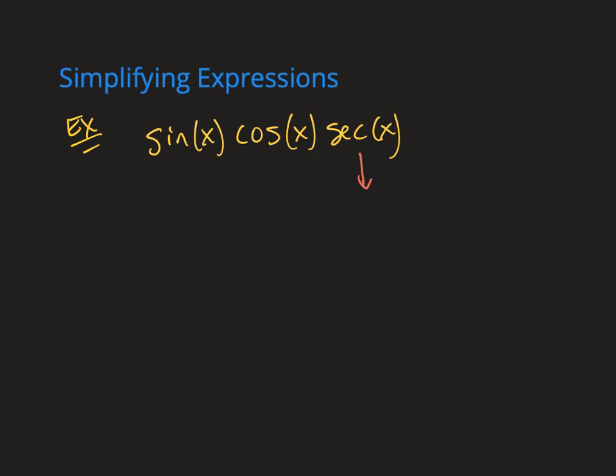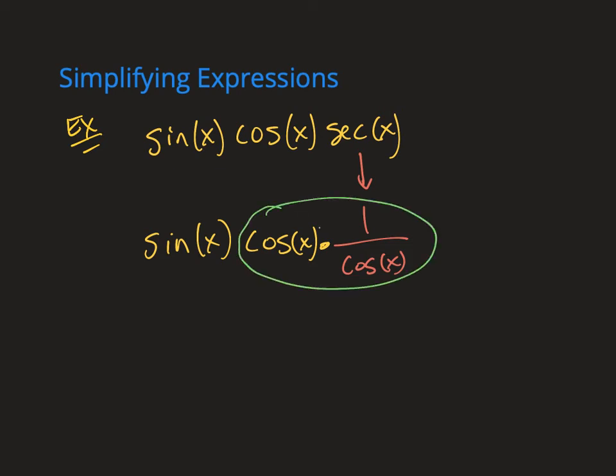So remember, the secant of x can also be written as 1 over the cosine of x using that reciprocal identity. So all I've done, I haven't changed the value of this expression at all. It's still sine of x times cosine of x times secant of x, except I've written secant of x in a different way. And then what I notice is that if you multiply cosine of x by 1 over cosine of x, those cancel, and that turns into a 1. And I end up with a simpler expression, which is just sine of x.